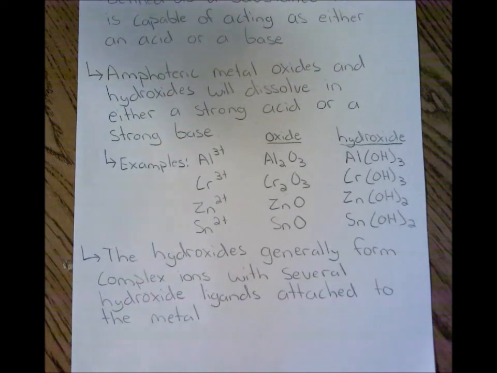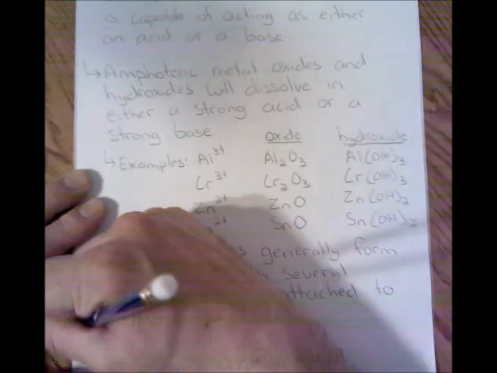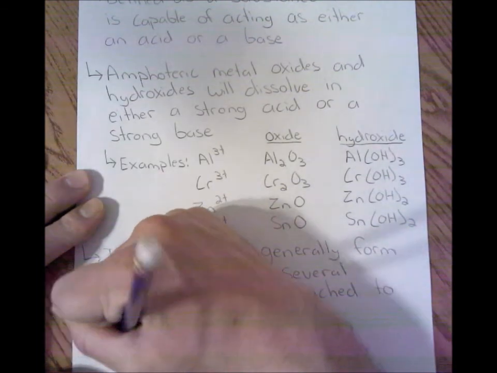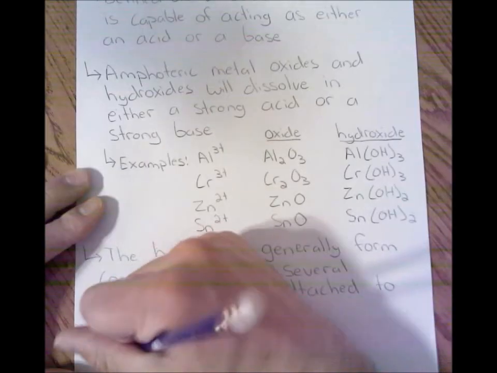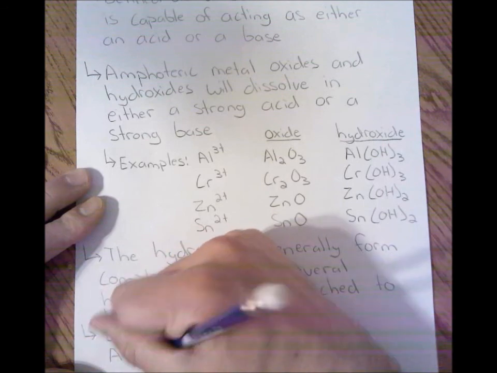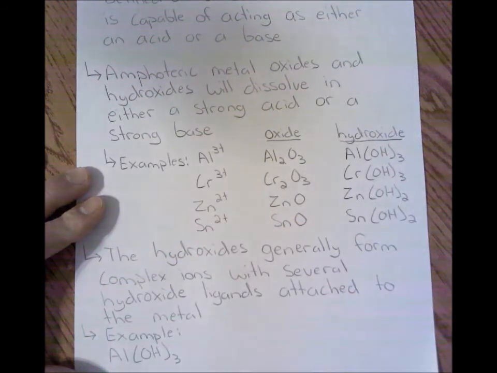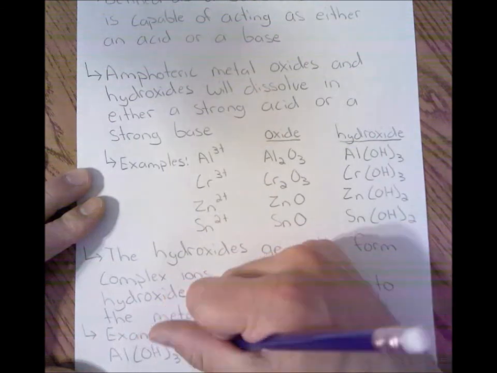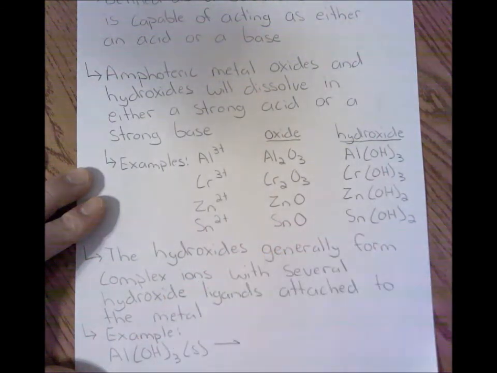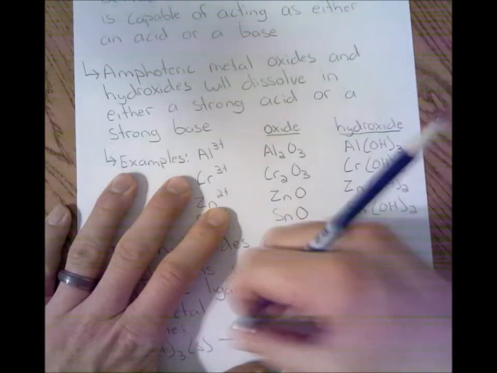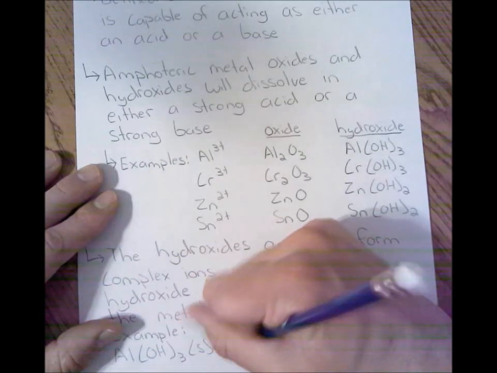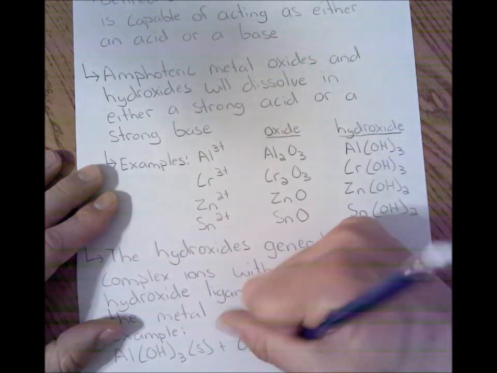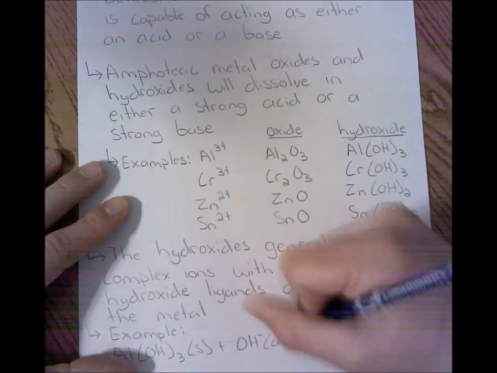So Al(OH)3, and aluminum hydroxide is a solid. It's going to react with hydroxide, OH- ions. And what is going to happen is this: it comes to equilibrium and it forms Al(OH)4-, which has a -1 charge.